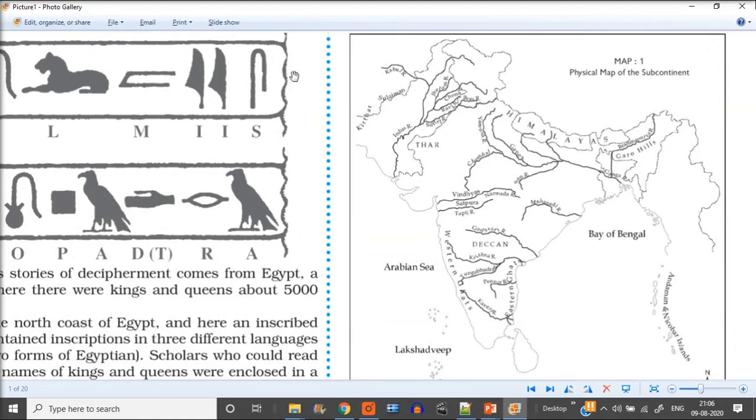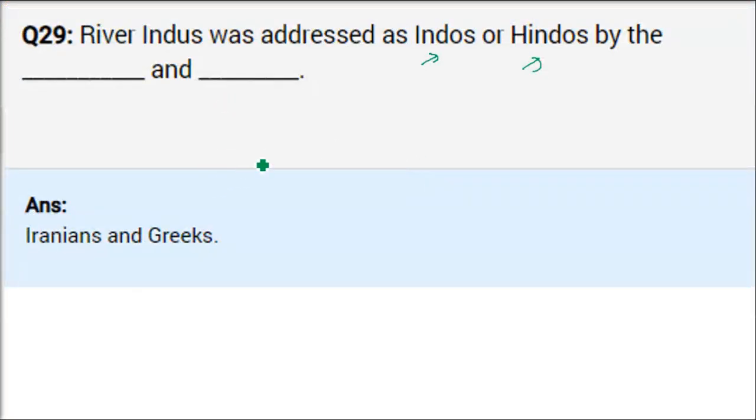If you go further, Greece is in Europe. So when people came here, the area in the east part of this Indus River, they called it Indos or Hindus. When they went back, they said we have come from Indos or Hindus.